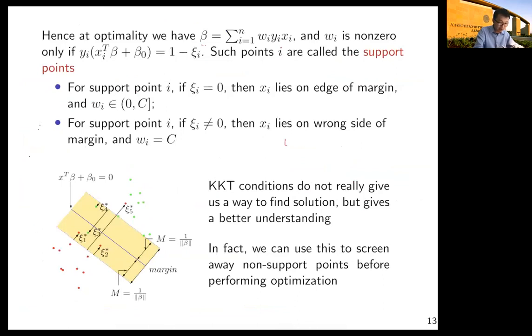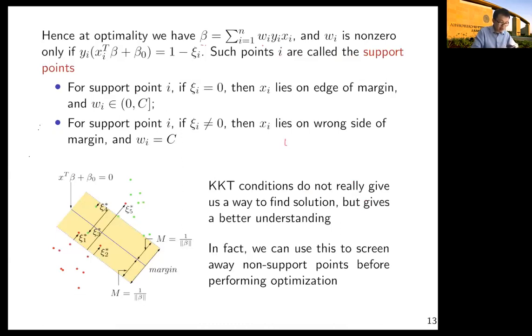Suppose you manage to find the dual optimal solution by solving the dual, and now you have these w_i parameters. Then you can already reconstruct what this primal coefficient vector beta looks like. You get to implement this in your homework, and also derive the procedure to construct beta_0 from the optimal dual.